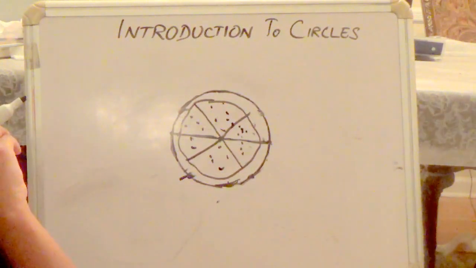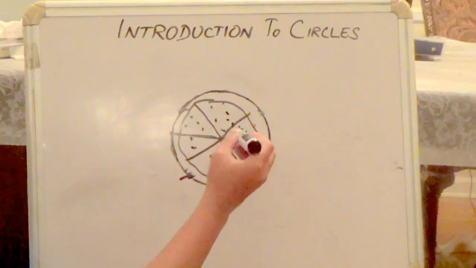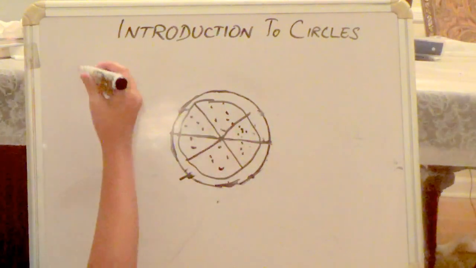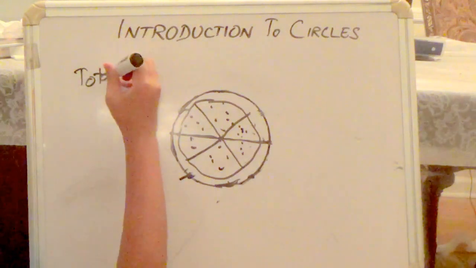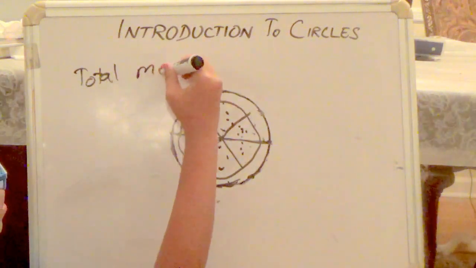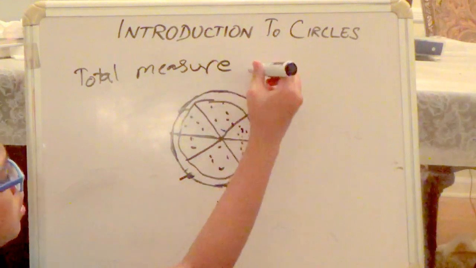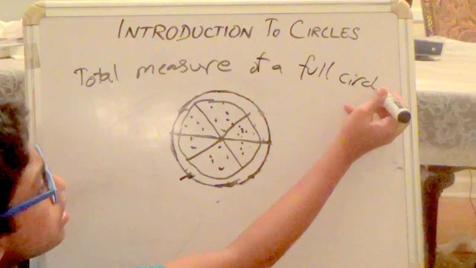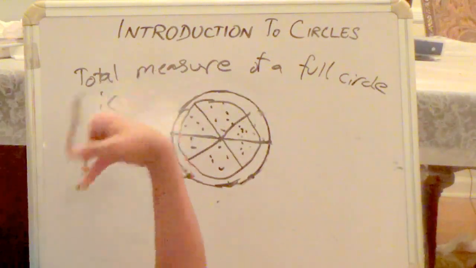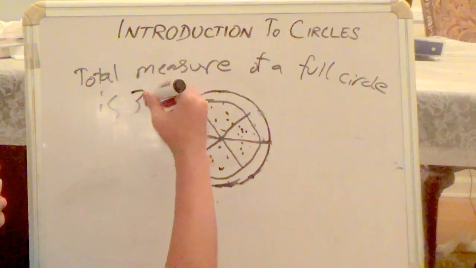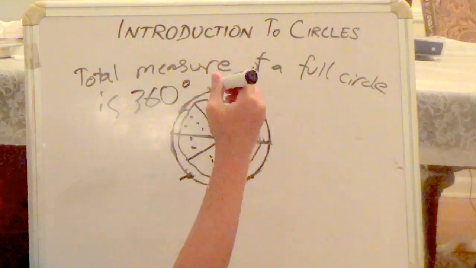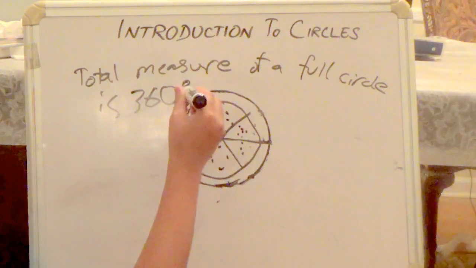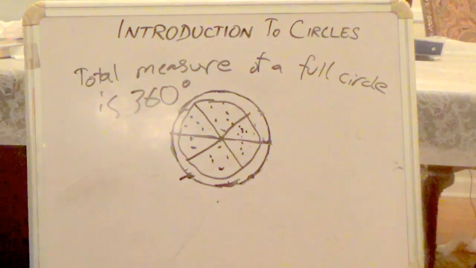Okay, so another key concept to remember, the total angles or the total measure of a full circle is 360 degrees. Degrees is like a little o on top. The measure of a full circle is 360 degrees.